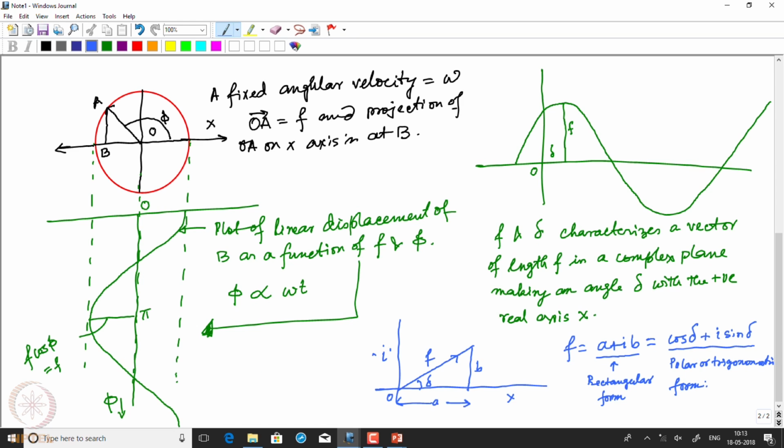So from here one can write the value of mod f, it's a small f, equal to the square root of a square plus b square, and delta equal to tan inverse b by a. This is how one can represent a simple harmonic motion of a particle in a circular path with a vector f.